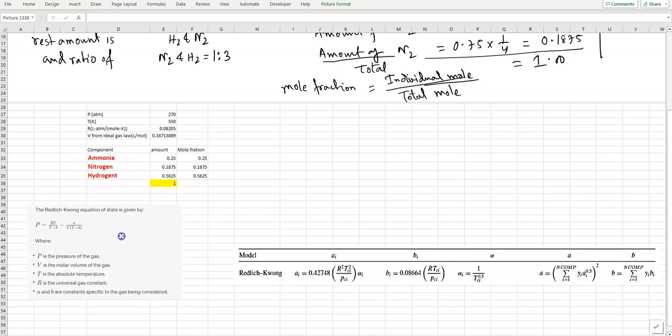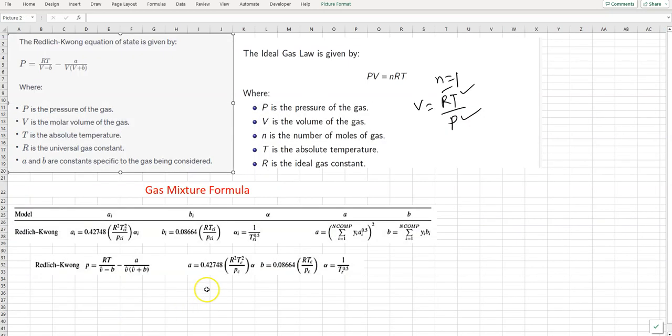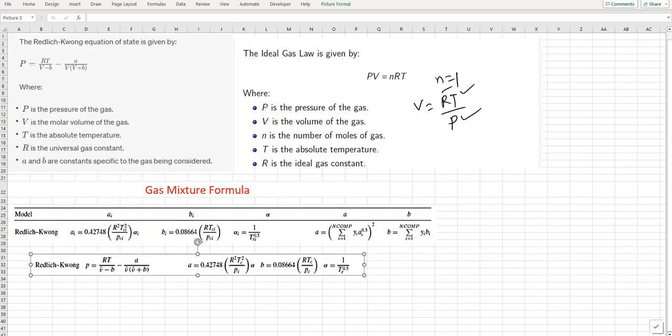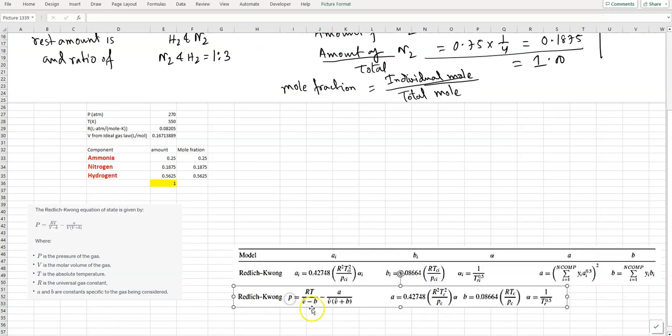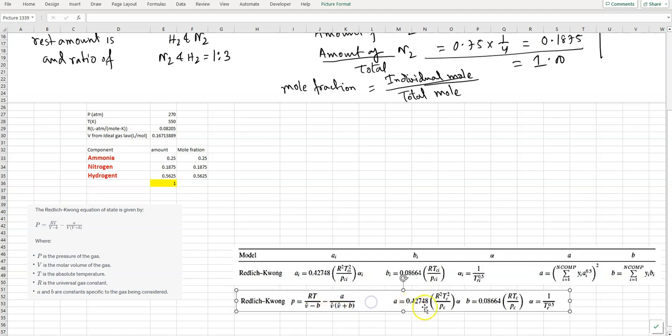P is equal to RT over V minus B, minus A over V times V plus B. Here A is 0.42748 R squared Tc squared over Pc, times alpha. B is 0.08664 R Tc over Pc, and alpha is 1 over Tr to the 0.5. Tr is the reduced temperature, and Tc and Pc are the critical temperature and pressure.